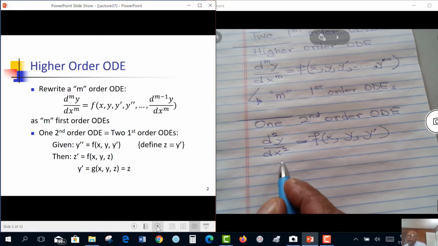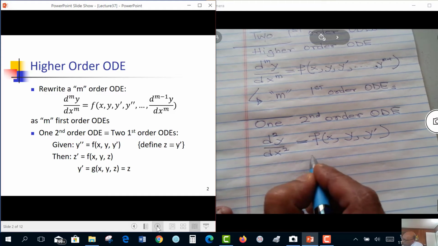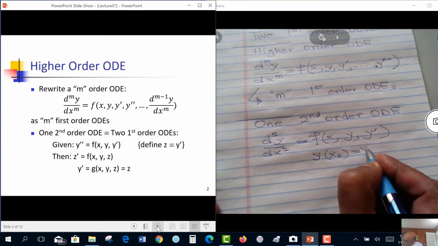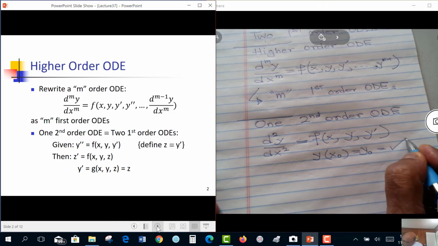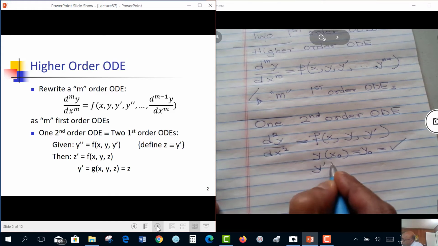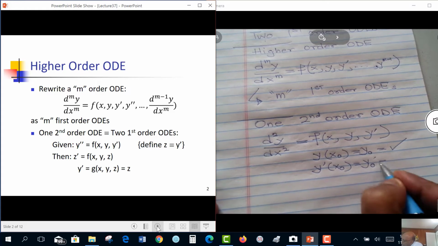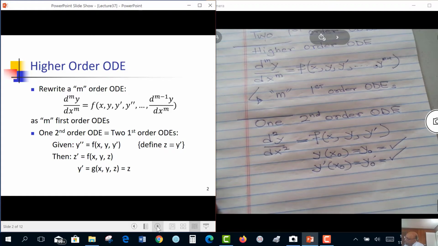Now, since it's a second order differential equation, we need first of all two initial conditions. So let's say we are also given y at x0 is y0. So this is known. And y prime at x0 is y0 prime. This is also known. So what we do is, it is a very simple transformation.